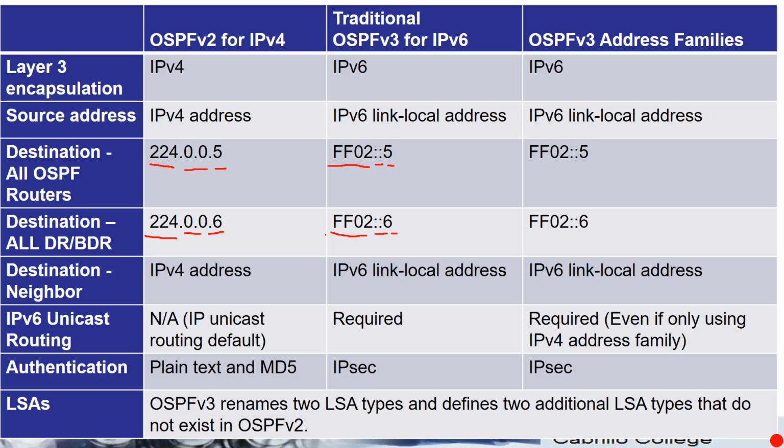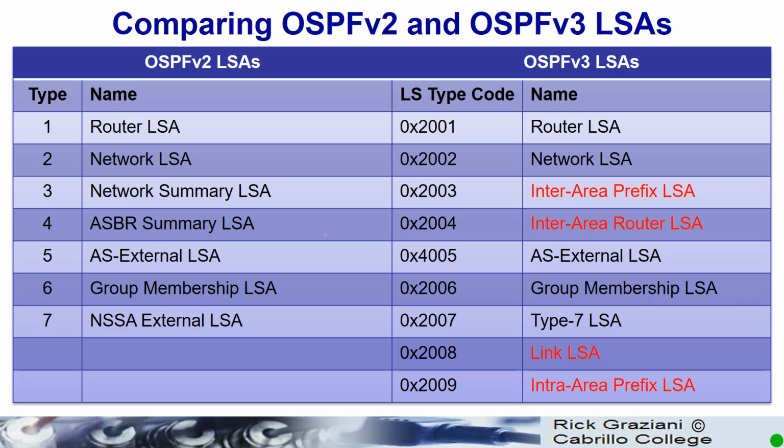Alright, next are going to be the LSAs, or the link state advertisements. OSPFv3 renames 2 LSA types and defines 2 additional LSA types that don't exist in OSPFv2. In OSPFv2, we have the 7 common LSA types: router LSAs, network LSAs, network summary LSAs, ASBR summary LSAs, AS external LSAs, group membership LSAs, and NSSA external LSAs.